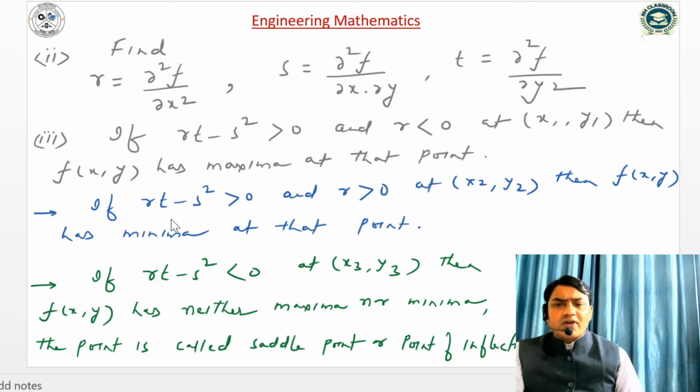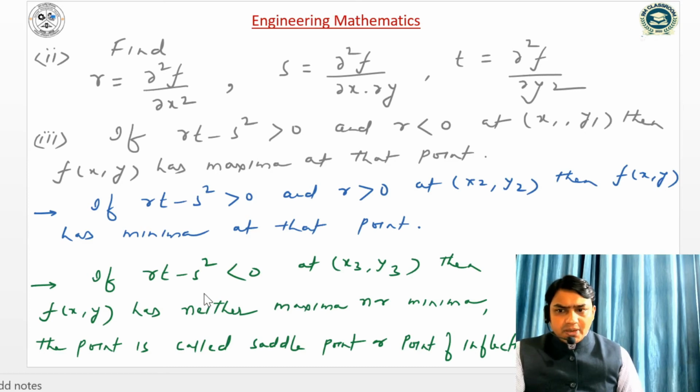Similarly, if rt minus s square is greater than 0 and r is also greater than 0 at another stationary point (x2, y2), then f(x, y) attains a minima at that point. Similarly, if rt minus s square is less than 0 at another stationary point (x3, y3), then f(x, y) has neither maxima nor minima, and that point is called a saddle point or point of inflection.